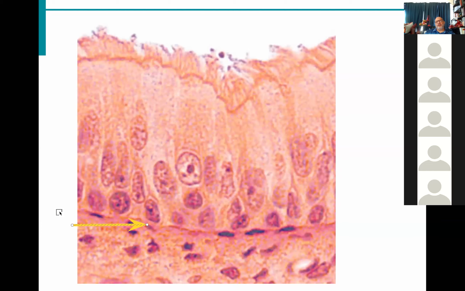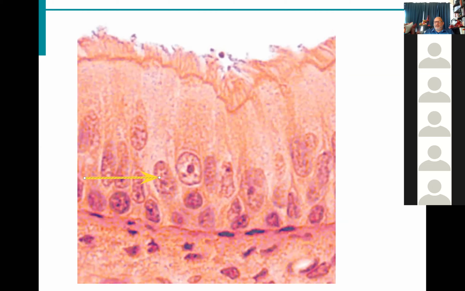Identify the extracellular material you would find in this location. Basement membrane. Excellent. Identify the organelle. Nucleus, excellent. Identify one location where you would find this tissue. Trachea, excellent. And where's the other one? Nose, there you go, nasal cavity. Perfect.